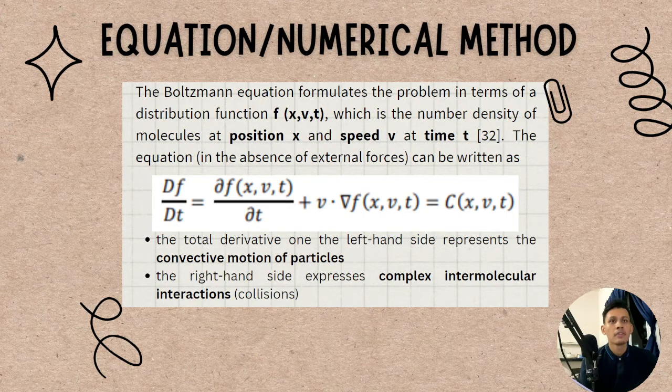The equation is written in the white box here. For the description, the total derivative on the left hand side represents the convective motion of particles, and the right hand side expresses the complex intermolecular interactions.